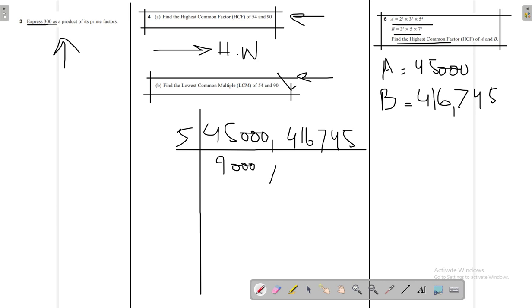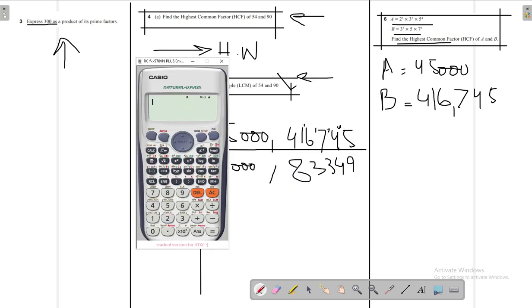And 5 into 8 is 40, 1 goes over here. 5 into 3 is 15, and 1 goes over here. 5 into 3 is 15, 2 goes over here. 5 into 4 is 20, and 4 goes over here. 5 into 9 is that. So we're going to verify this term with the calculator. 416745 divided by 5 is 83349, the same term we got here.